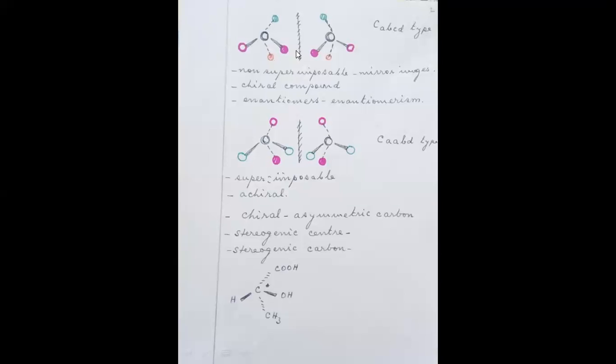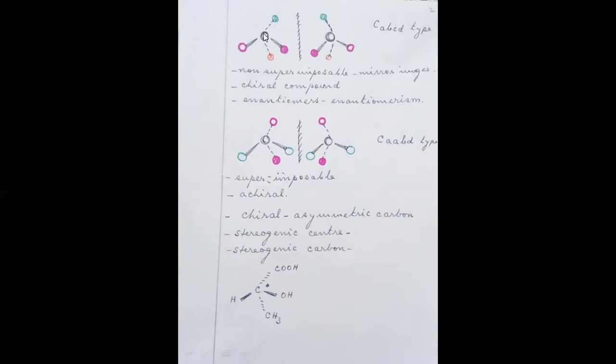So you are taking the mirror image. Normally in chemistry, the mirror is represented like this, one straight line with slanting cross lines. This means a mirror. If a mirror is kept here, you will get the image of this compound like this. See, this pink color shaded comes over here because it's a mirror image. Whereas the pink color with a ring, it goes over there because it is a mirror image.